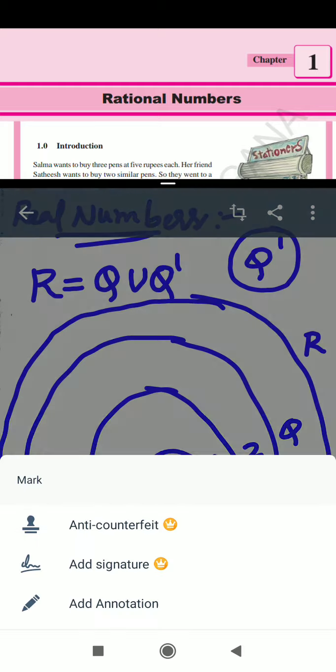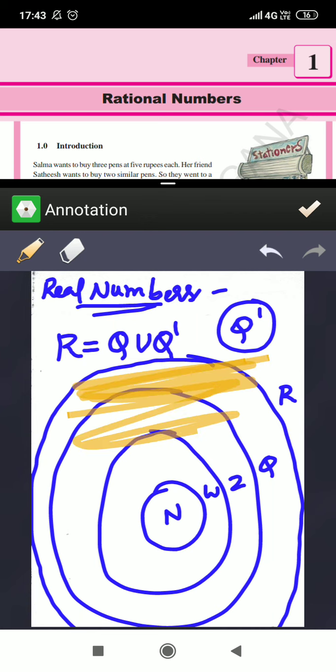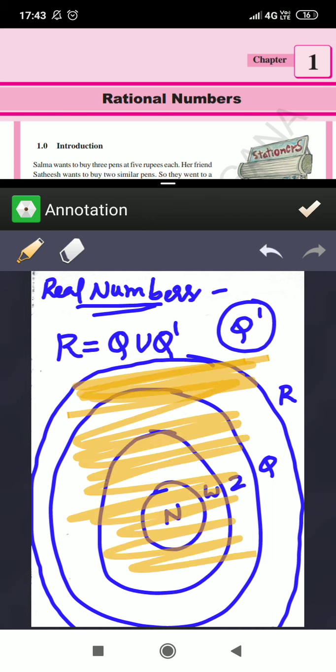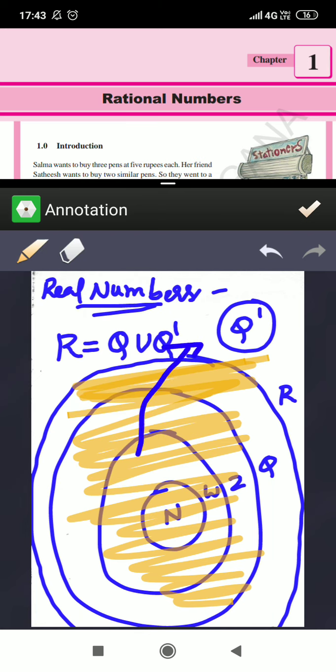Let's suppose I have shaded every portion here. Let us pick a point from this flowchart or circular chart. Then the number may be rational or irrational.